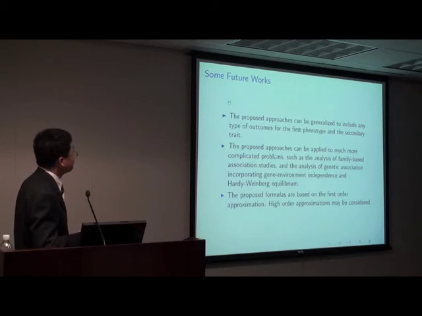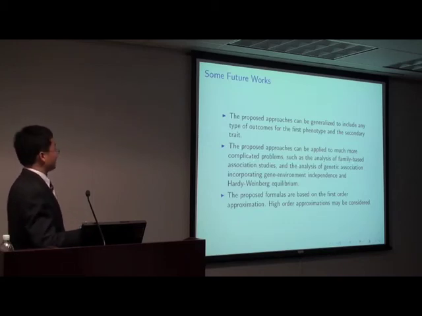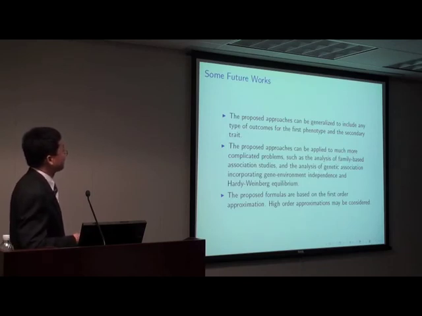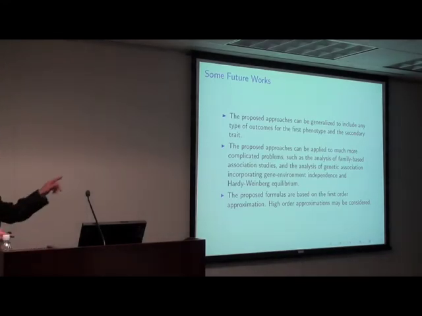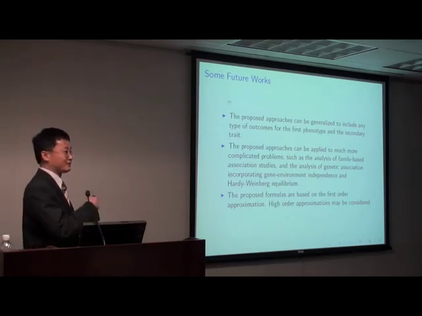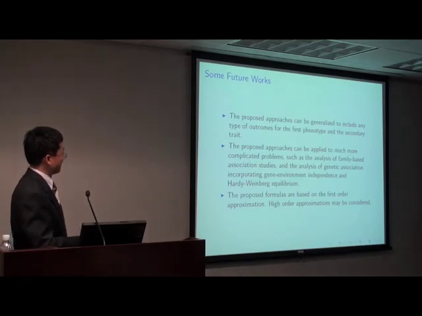It can also be used to correct similar bias in family-based association studies. Of course, in that situation, the model itself becomes more involved, but the principle and the method can be easily extended to that kind of situation. In fact, for any kind of generalized linear model, you can do that. So it's a very, very general approach. It's not restricted to the logistic regression model we have here.